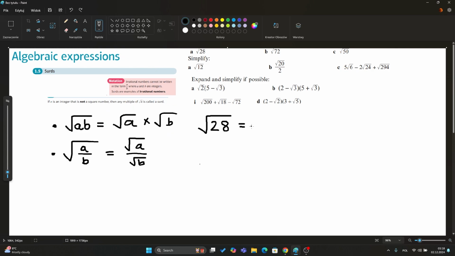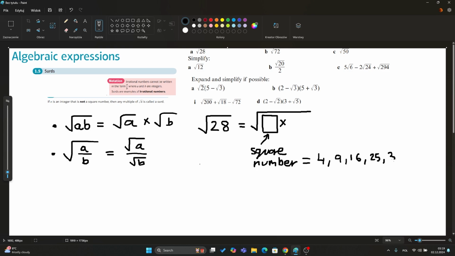So we find one of those products to be a square number, like 4, 9, 16, 25, 36, and so on. And the second one is the number multiplied by this number to give us 28.